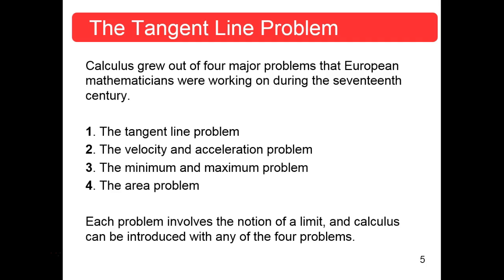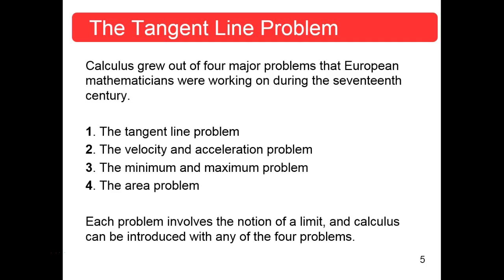Newton really was focused on that because he was physically oriented, not just pure mathematics, pie in the sky type stuff, but solving practical problems. The minimum and maximum problems, I'm pretty sure that Newton was tackling that as well, and the area problem, which is basically going to get into integration. So we're not even going to touch on this for a couple more chapters.